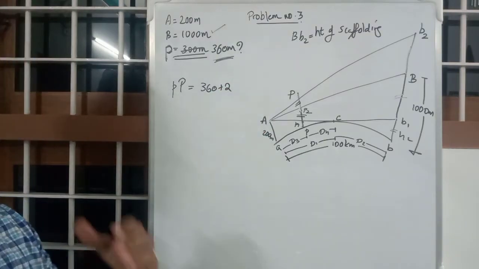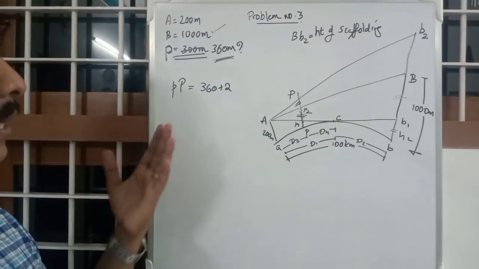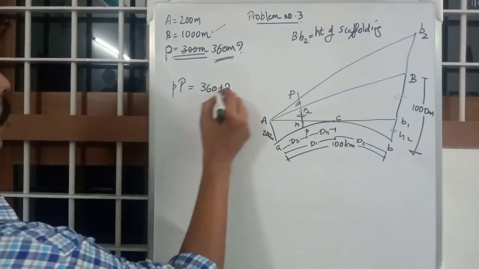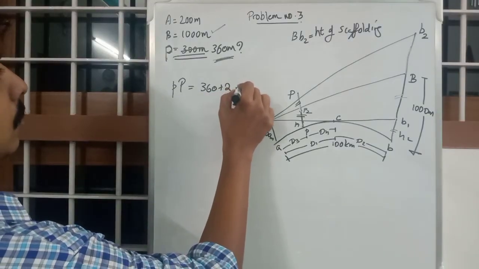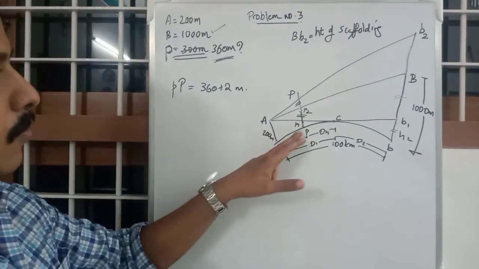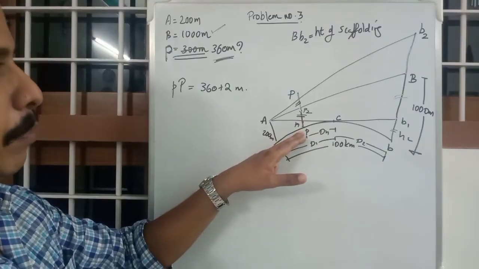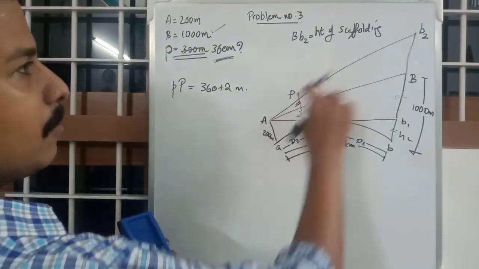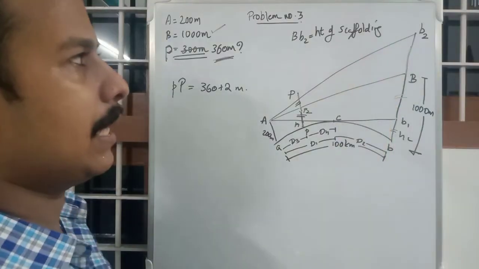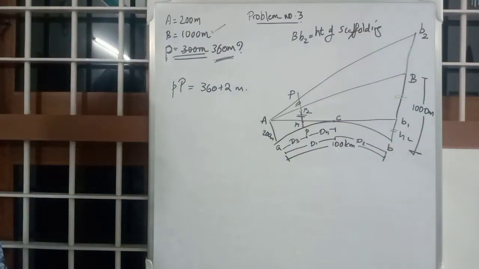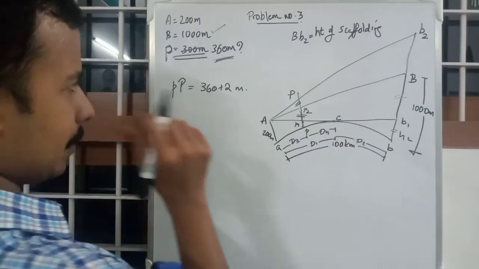That's arbitrary. You can add 3 meters, 1 meter, any value you like. So 362 meters is the height of peak P from the ground that should be cleared by the line of sight AB2. Okay, so we will start.